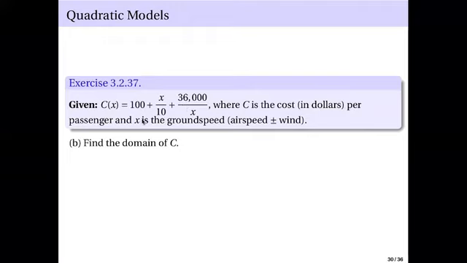And now, since x represents the ground speed, it's just positive or zero, correct?